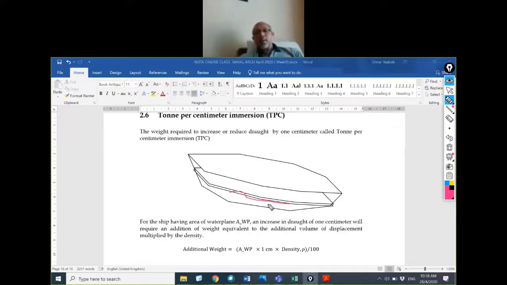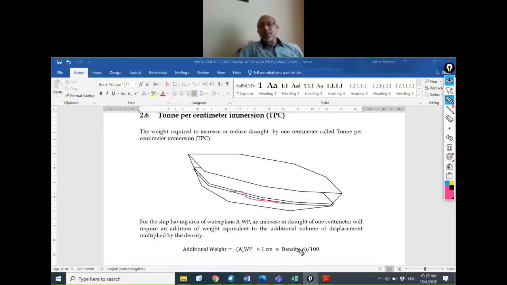Now if you add a weight that makes it sink by 1 centimeter, the volume that has increased, the immersed volume, is the water plane area times 1 centimeter.